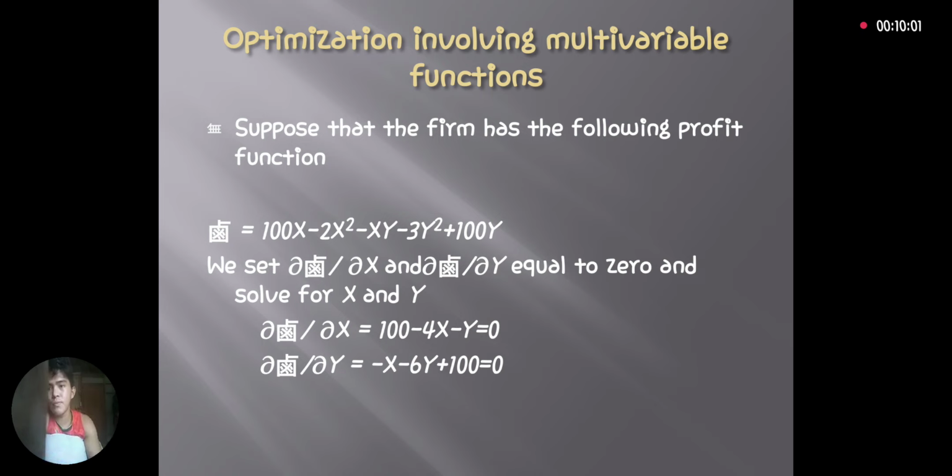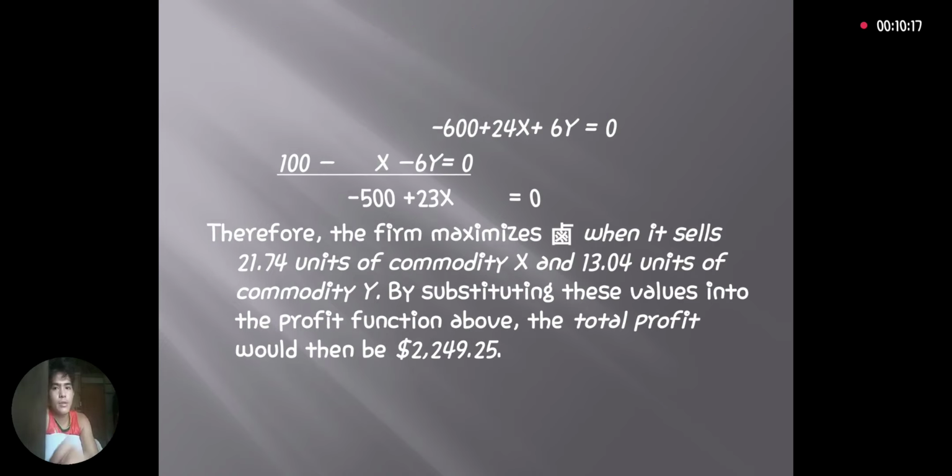After this, solve simultaneously by multiplying the first of the above expressions by negative 6, rearranging the second, and adding, we get negative 600 plus 24x plus 6y equals 0, and 100 minus x minus 6y equals 0, over negative 500 plus 23x equals 0.